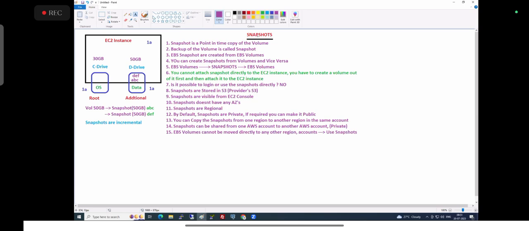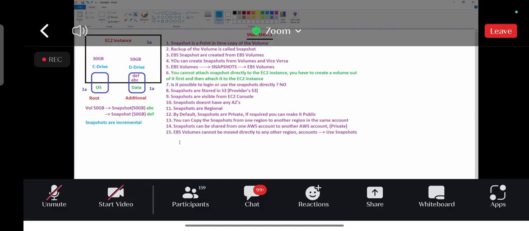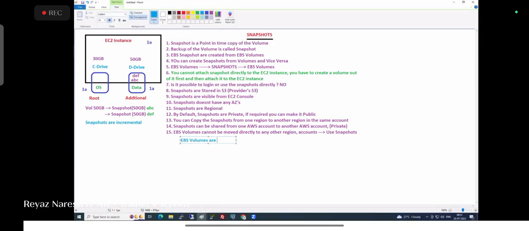Okay, see, EBS volumes are created from EBS snapshots, correct? EBS volumes are created from EBS snapshots. We have two types of volumes, no? What are those?